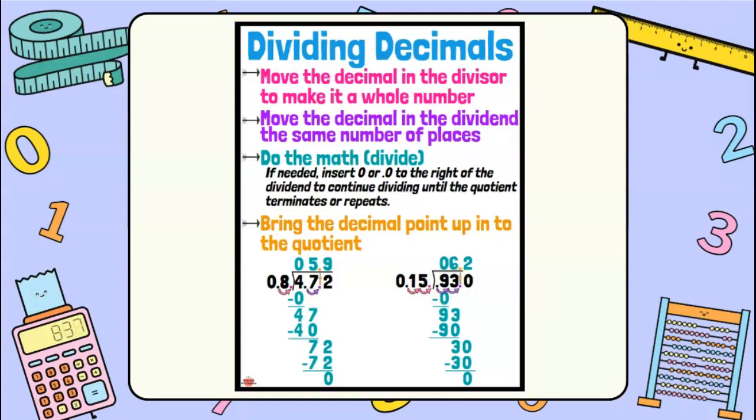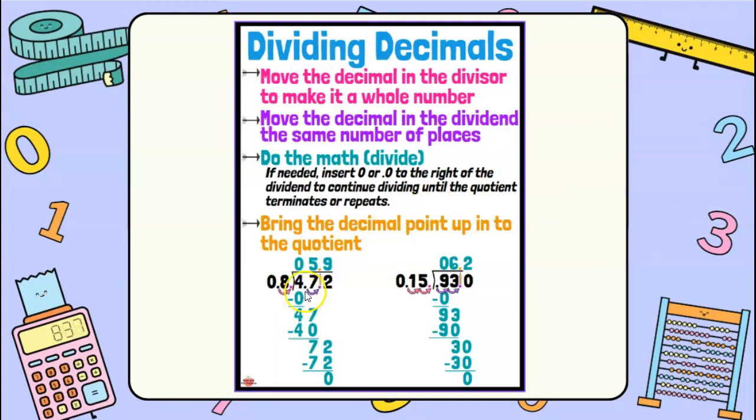Once I have my new places for my decimal, then that's when I'm going to proceed like I am dividing whole numbers. I'm going to ignore that decimal. I'm going to forget that it's there, and I'm going to do the math like I would any other division problem.